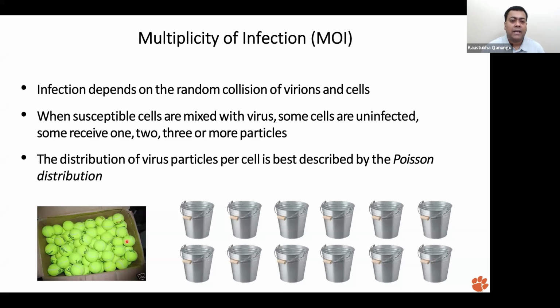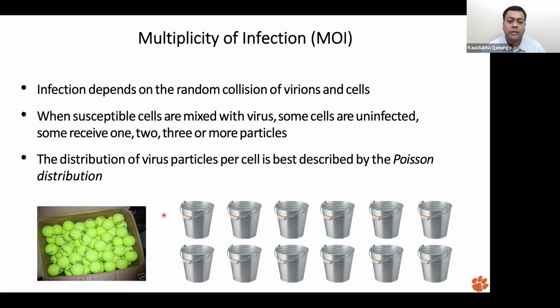Just think about that you have a bag full of tennis balls, and you have these buckets, and you just throw the balls randomly on top of them. Some of the buckets may not receive any, some may get 1, 2, 3, and there will be a random distribution of this. And statistically, you can actually calculate this.